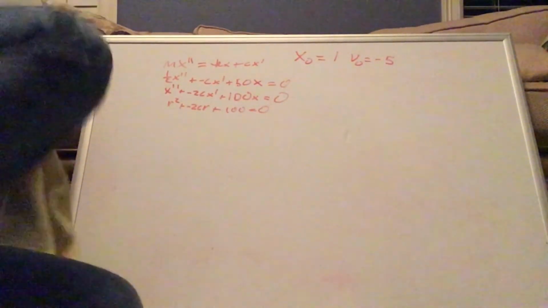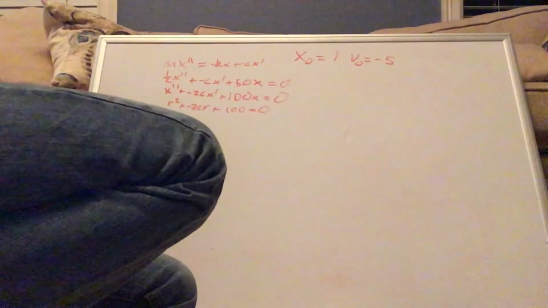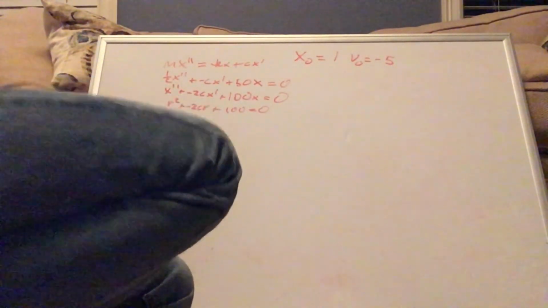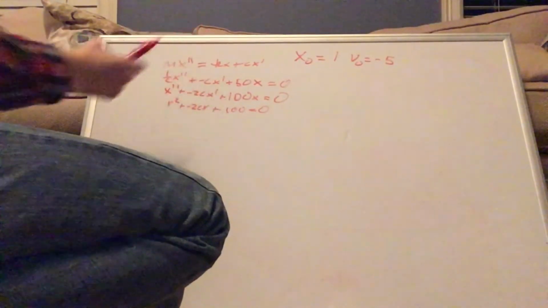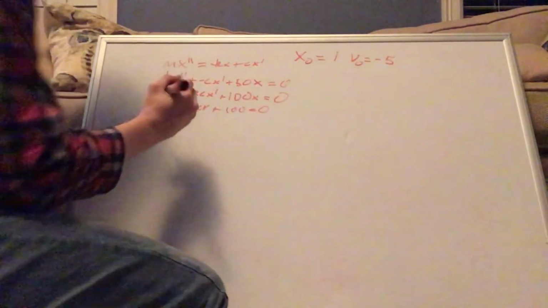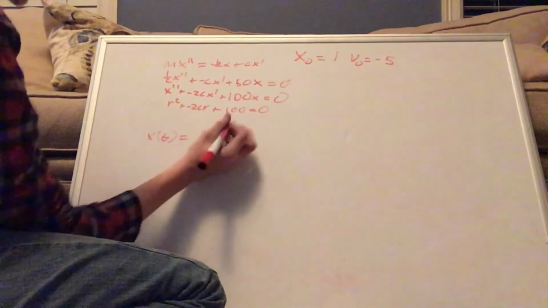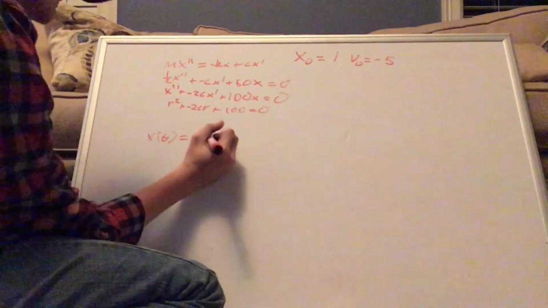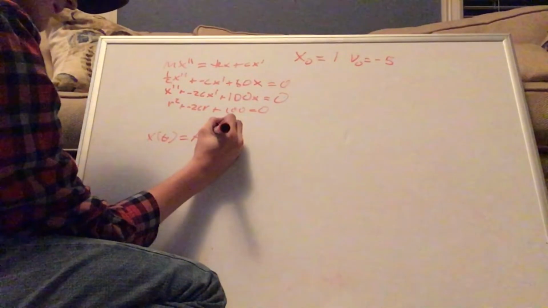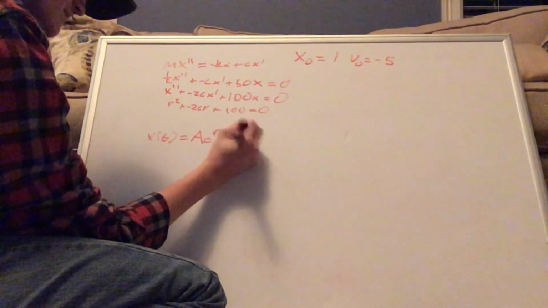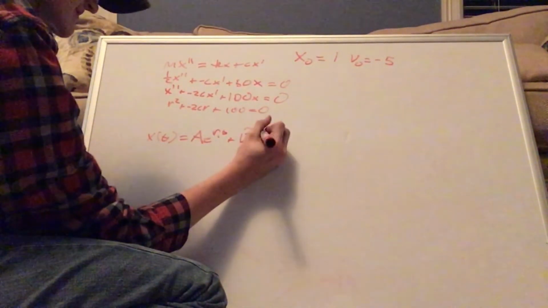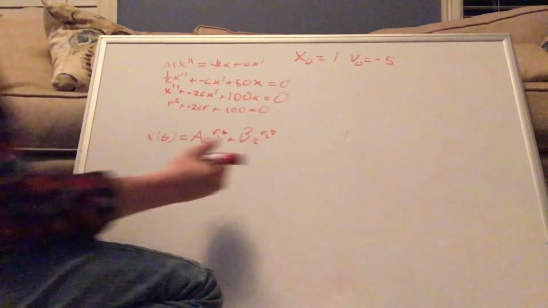When it's a non-repeated root, let's say there's 2 roots, it would be x of t equals a e to the r1t plus b e to the r2t, right?